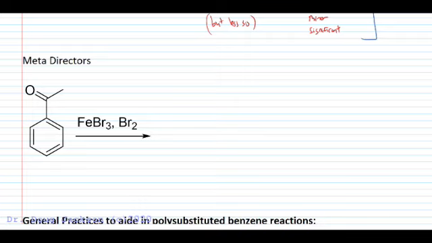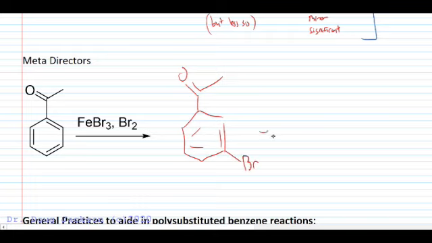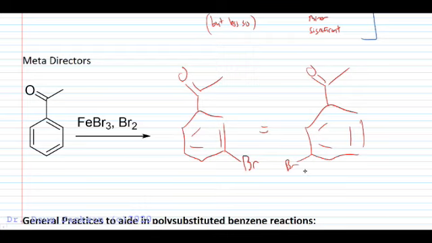Looking at our meta director here, so any meta director we run into, we do our reaction. Our carbonyl group there is deactivating the ring. It's going to react a little bit slower than benzene, but the meta position, there's only one, because we get one product because both meta positions are going to be the same compound.